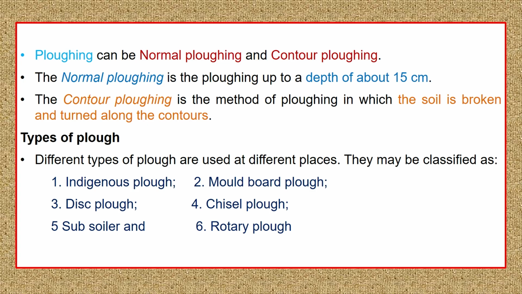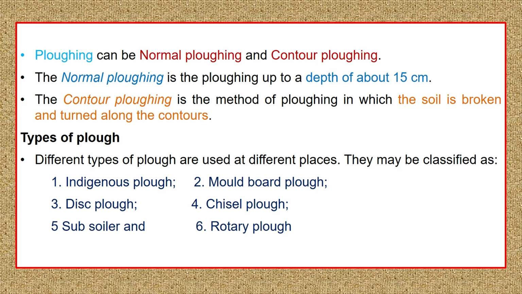Contour ploughing is generally performed in hilly and mountainous areas where the undulation of land is more, and ploughing irrespective of the slope leads to more erosion and soil loss. To prevent that, contour ploughing is done. So it is limited to hilly and mountainous areas.